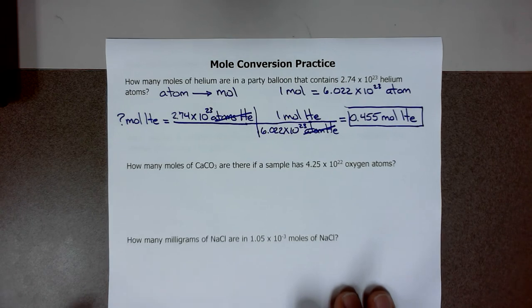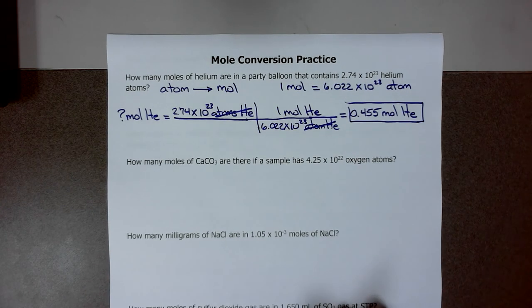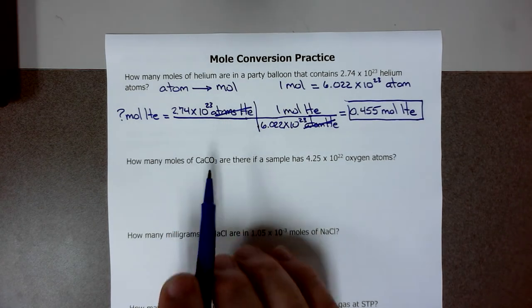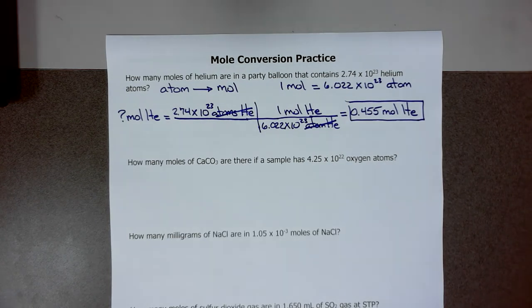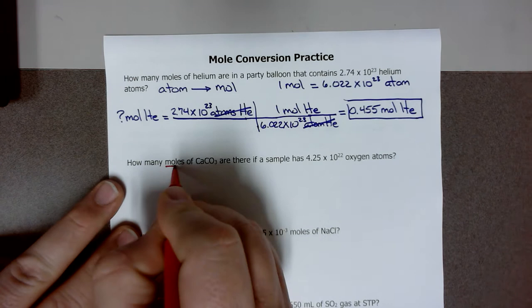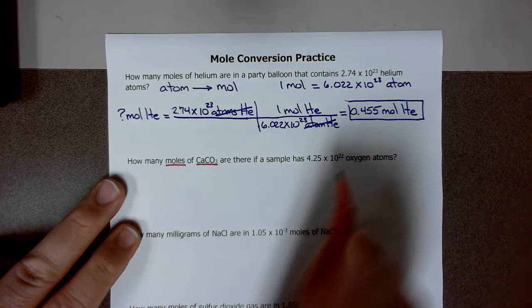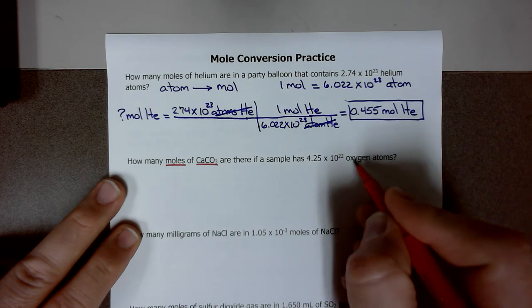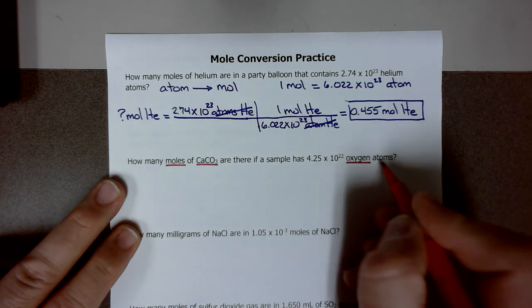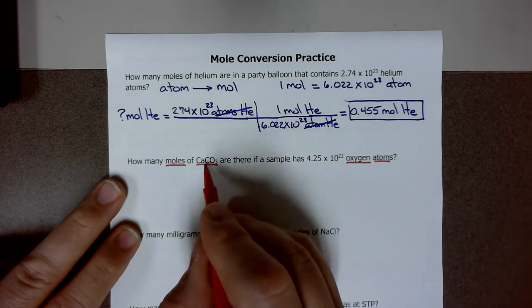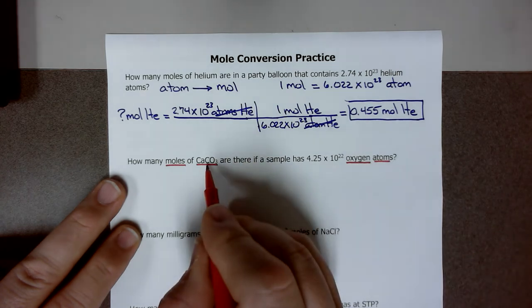The next thing we're going to look at is what does it mean when we have to go from one substance to another. If you'll notice here in the next problem, what I see is that I've got moles of this calcium carbonate, but I want oxygen atoms, so I've got to go from moles to atoms and oxygen to calcium carbonate.